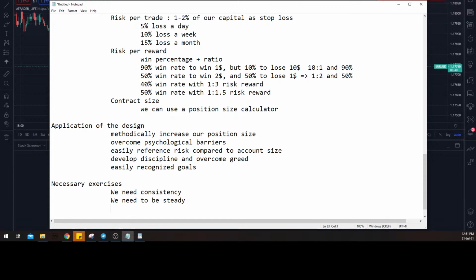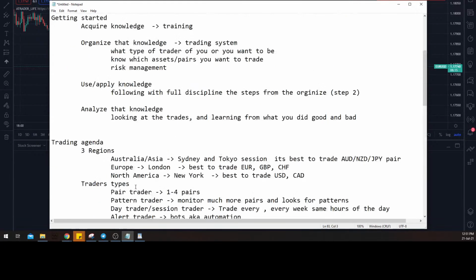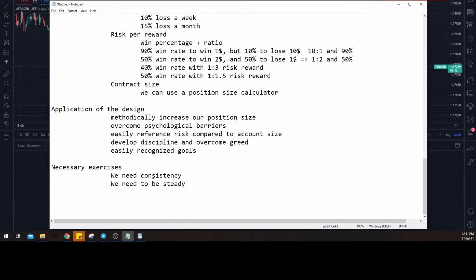By repeating this over and over again, we will be able to understand what we are doing wrong, what we are doing well, and what we should keep. So for this, I recommend that, for example, you commit for the next month to use X strategy.